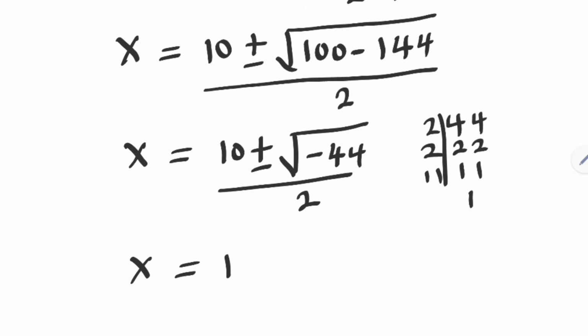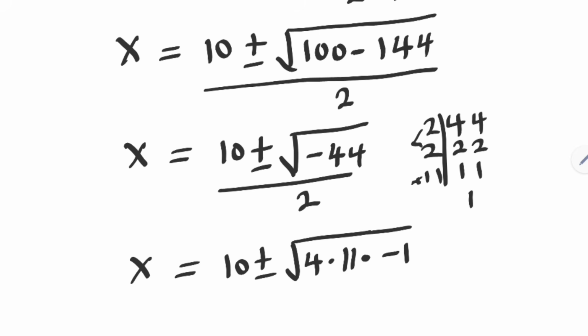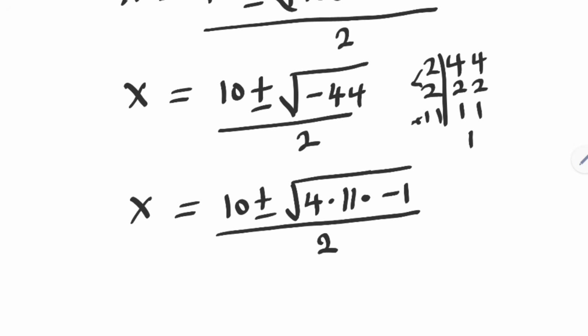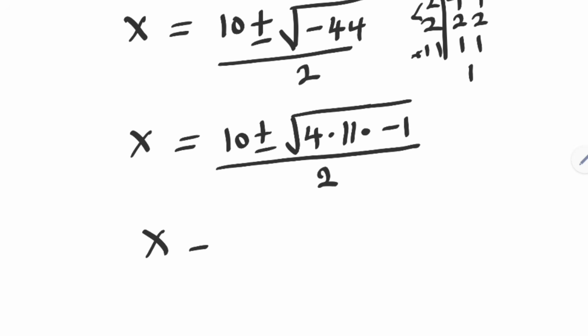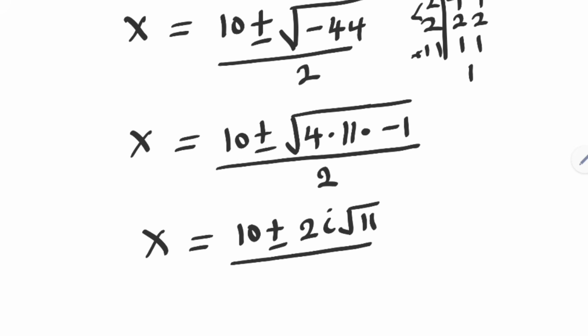x is equal to 10 plus or minus square root of minus 44, which can be written as square root of 2 squared, that is 2 times 2, 4, multiplied by 11, multiplied by minus 1, divided by 2. x is equal to 10 plus or minus, square root of 4 is 2, square root of minus 1 is i, root 11, divided by 2.